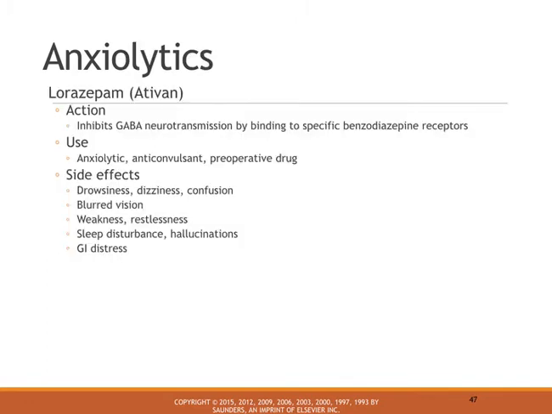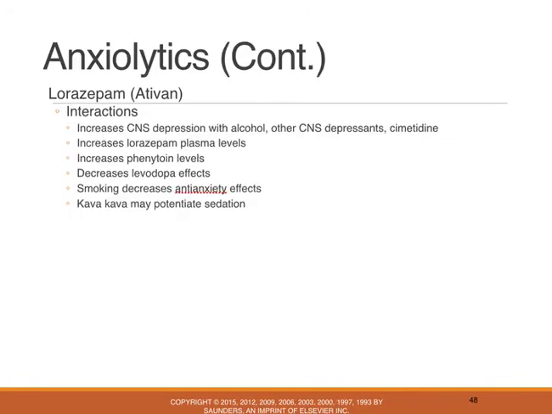So let's talk Ativan. Ativan inhibits GABA neurotransmitters, and it works as an anti-anxiety medication, an anti-seizure medication, and it helps preoperatively. It does have some side effects. So we've got drowsiness, dizziness, confusion, weakness, restlessness. It can even cause some GI disturbances. It does have some interactions. We want to be careful with other medications that depress the central nervous system.